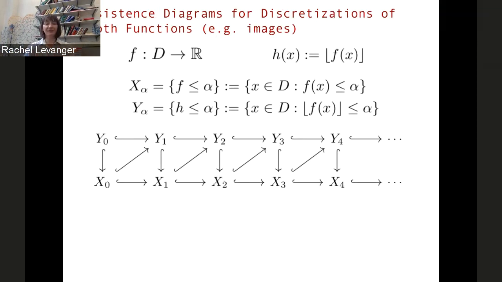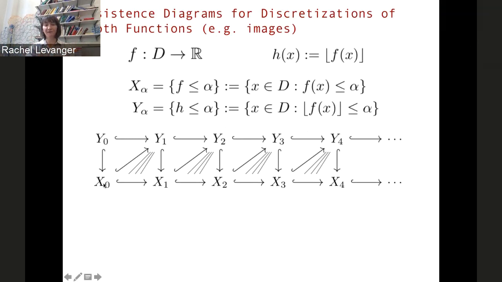And we can get this sort of interleaving at the level of the topology of the sublevel sets. So you have inclusion going across the top. Y0 up to Y1 is actually constant because no values are changing if you're not at an integer value.